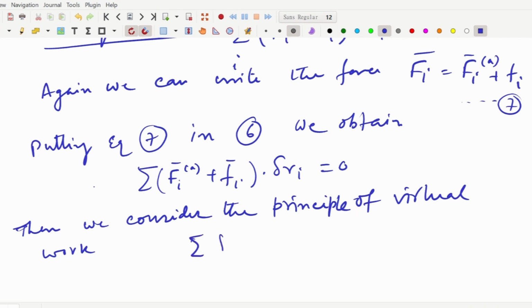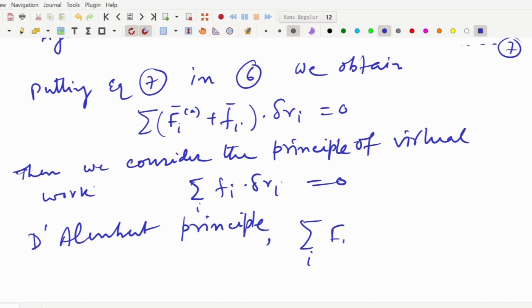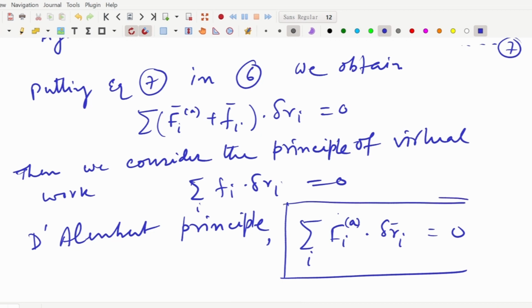So by the principle of virtual work, the sum of Fi constraint dot delta ri is considered 0. So we have D'Alembert's principle: the sum over all particles of Fi applied minus Pi dot, dotted with delta ri, will be equal to 0. After applying the principle of virtual work, we obtain this for a dynamical situation.